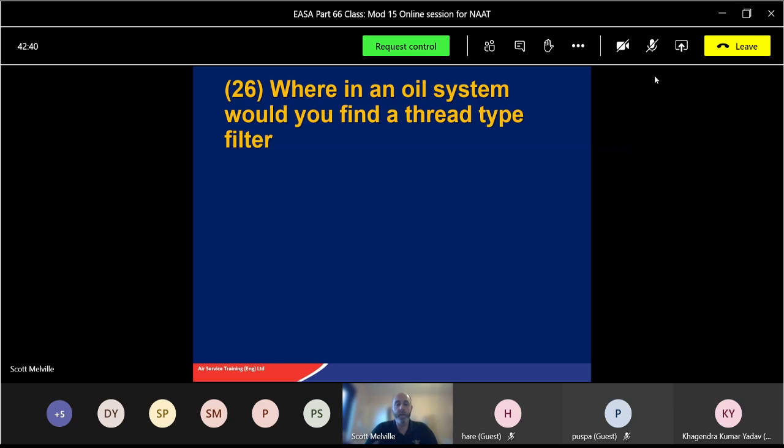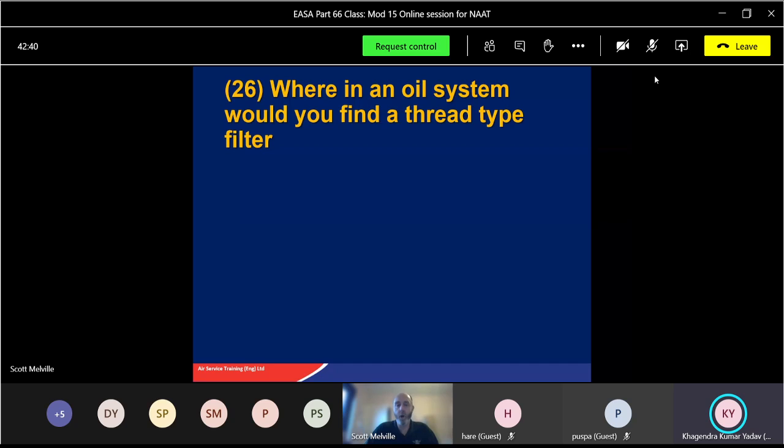You've got the LP filter, a scavenge filter. There's also a thread type filter, with a very, very fine mesh of wire. So where would you find that one? What do you think?